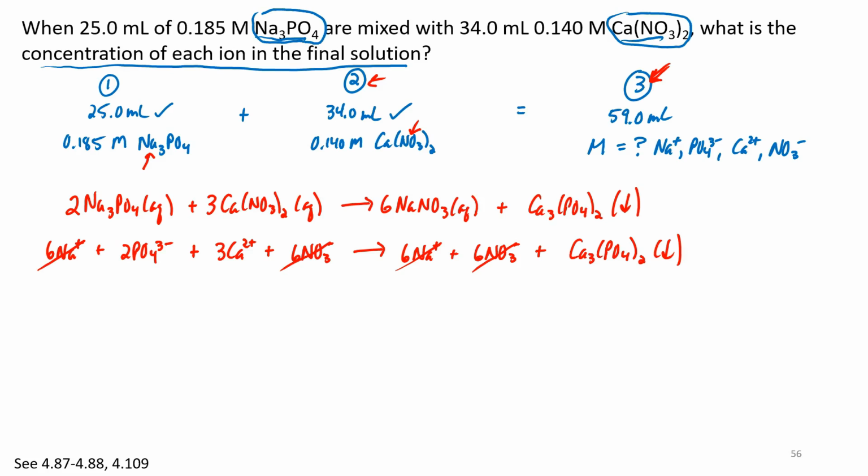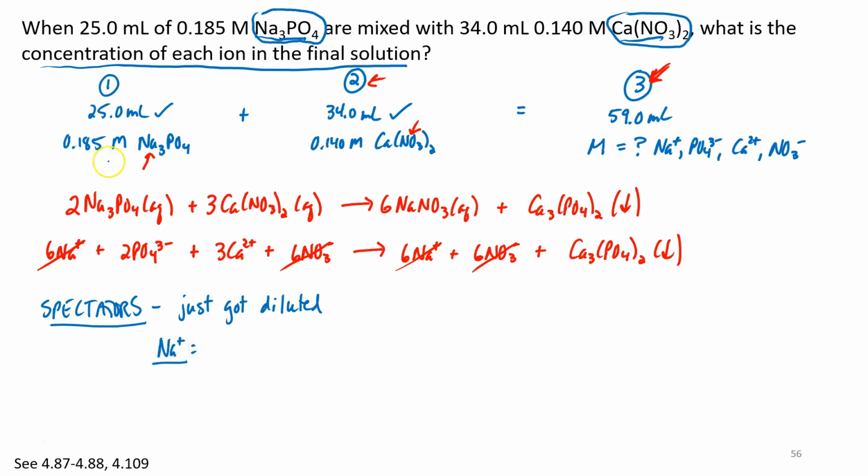Let's calculate their concentrations first, because I think that should be a little bit easier. So the spectators did not participate in the reaction, they simply got diluted. So let's work on sodium.